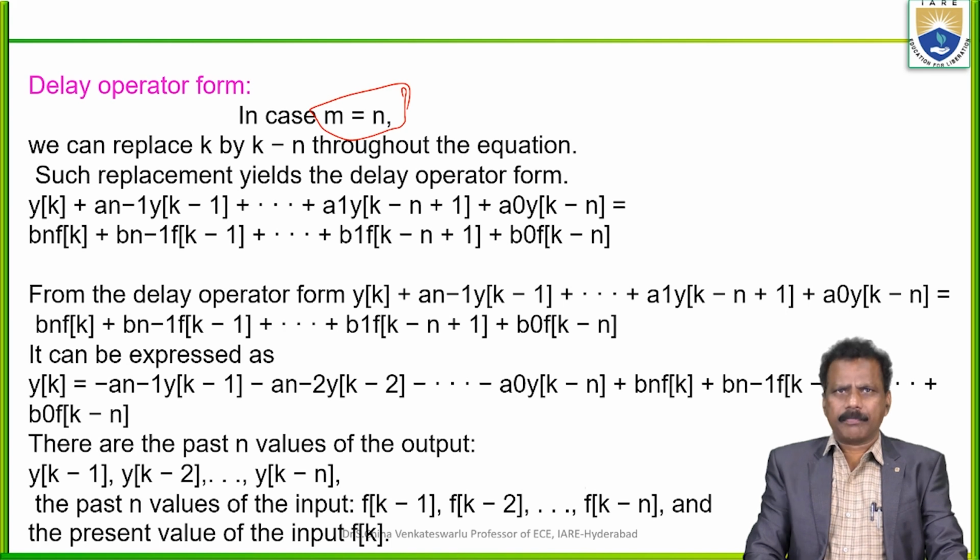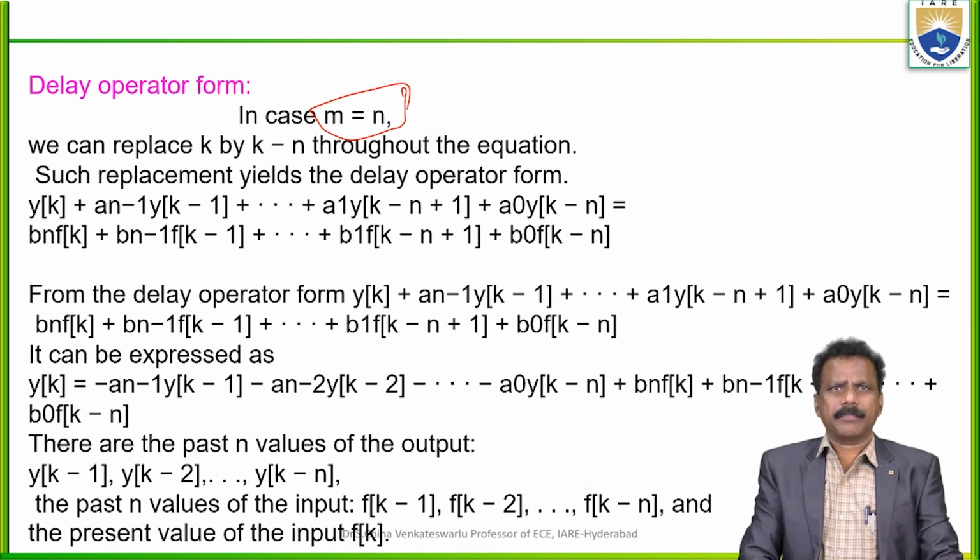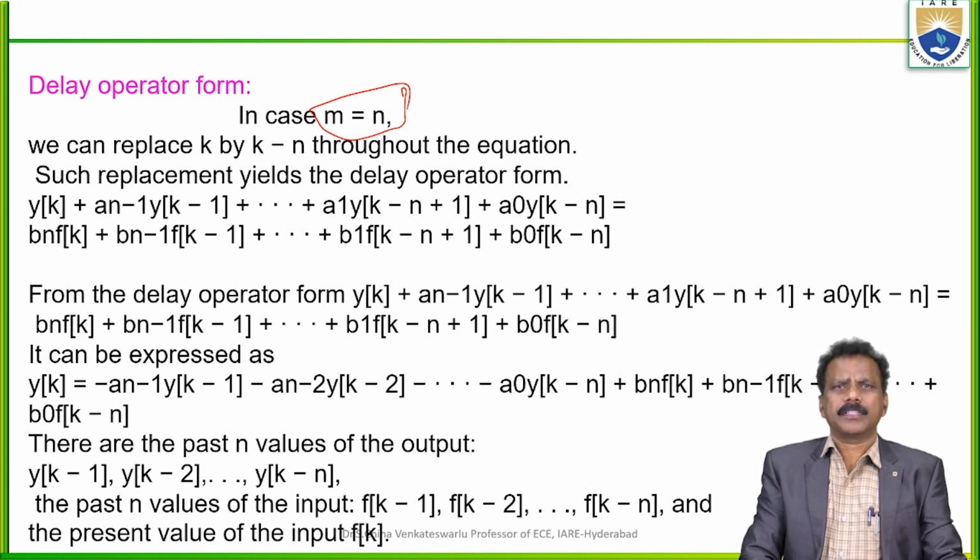The delay operator form is: y of k plus a(n-1) y of k minus 1 plus a(n-2) y of k minus 2 and so on, plus a1 y of k minus n plus 1 plus a0 y of k minus n.